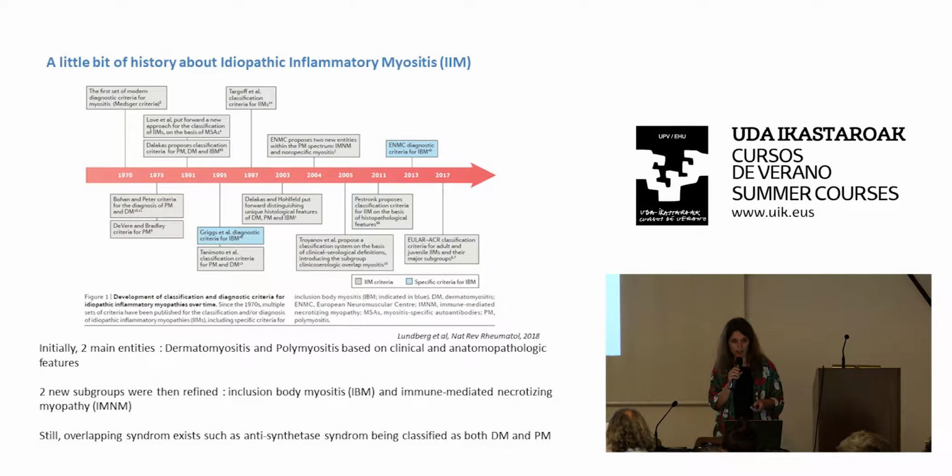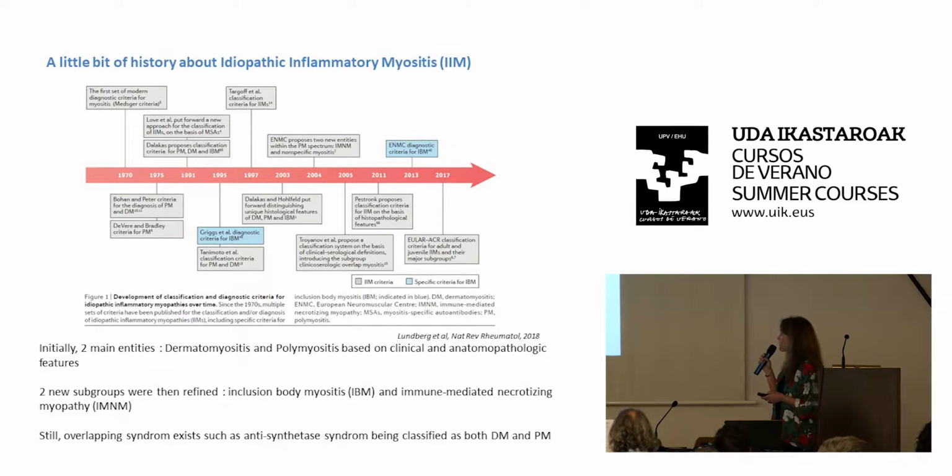So a little bit of history about idiopathic inflammatory myositis. Initially, two main entities were described, dermatomyositis and polymyositis, and the diagnosis was mainly based on the clinical and anatomopathological features. Then new subgroups were refined, that were inclusion body myositis and immune-mediated necrotizing myopathy.